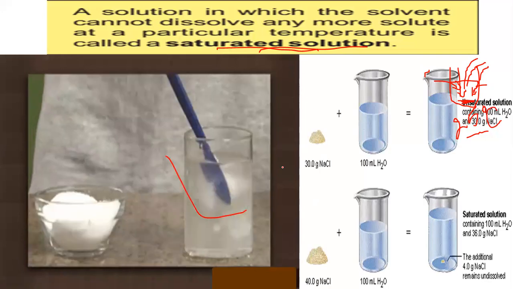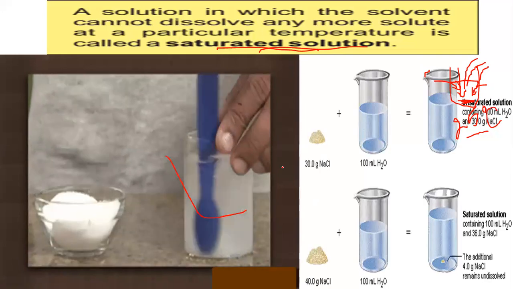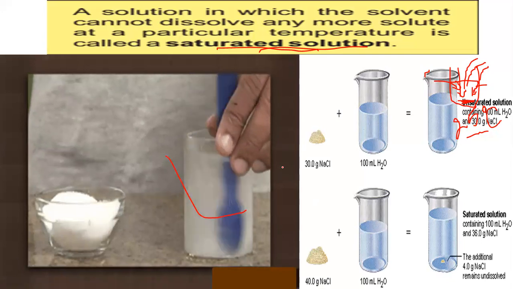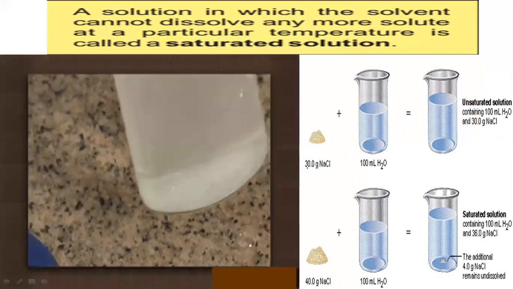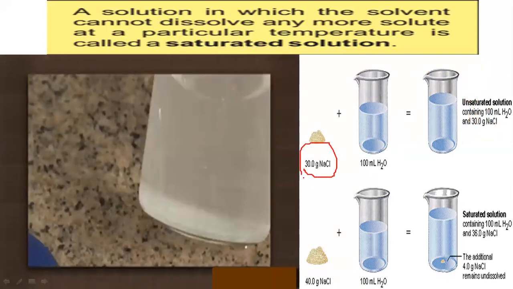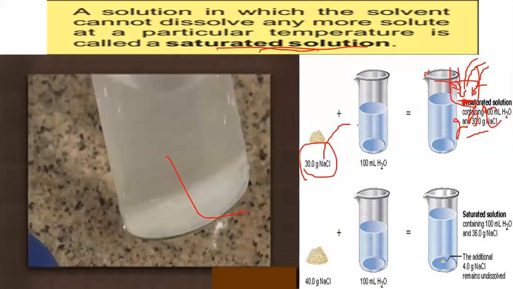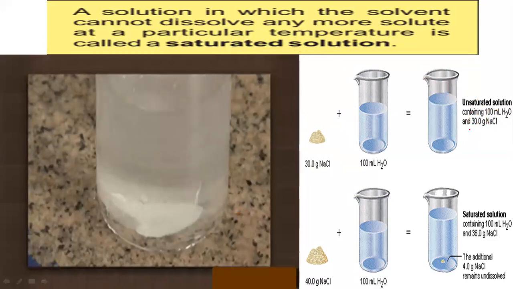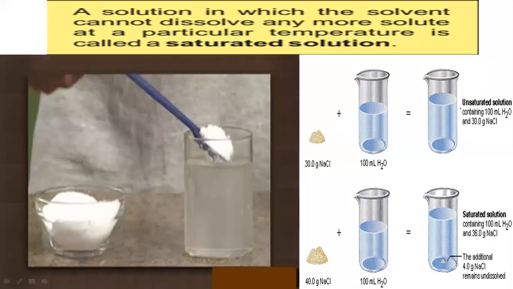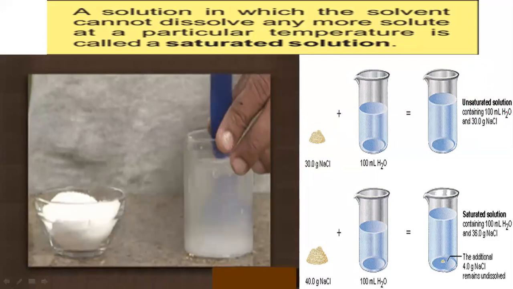You can see in this diagram also that 30 gram of sodium chloride we are adding to 100 ml of water. That is called an unsaturated solution.